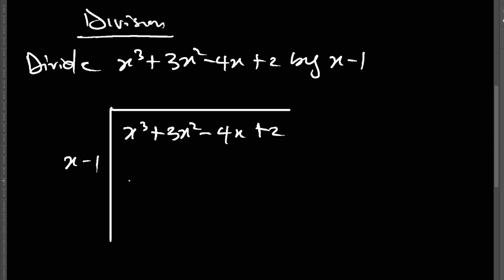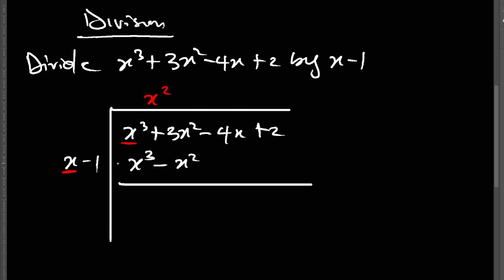So what are you going to do first? You think of a number that can multiply this x here to give you x cubed. And that number is x squared. So if I use x squared to multiply x, my result is going to be x cubed. Then x squared times this gives minus x squared. We want to subtract this now, right?